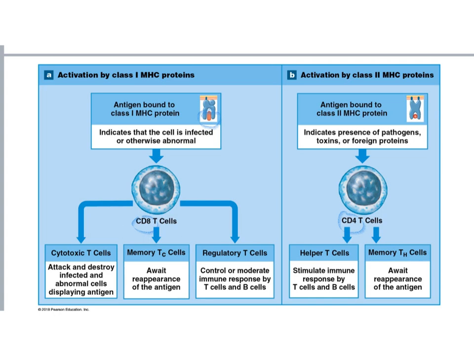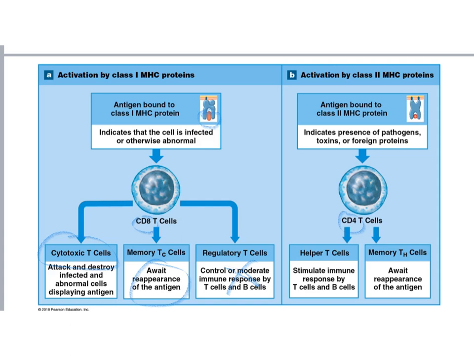So if it's a cytotoxic T cell, it will actually attack and destroy the infected abnormal cell. If it's a memory T cell, it's going to go into hibernation and wait to see that antigen a second time later on in your life. And again, we're not really talking about regulatory T cells.